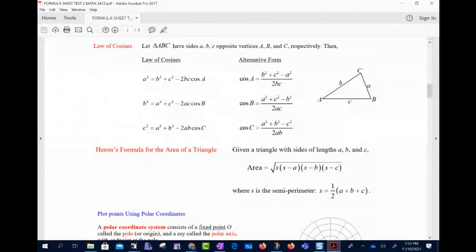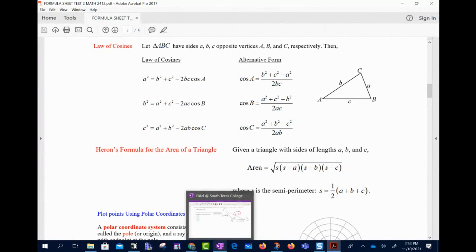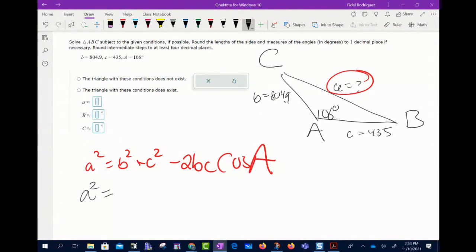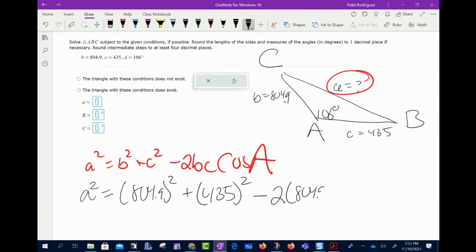Right here it says a squared equals b squared plus c squared minus 2bc cosine A. So a squared equals b squared, 804.9 squared, plus c squared, 435 squared, minus 2 times 804.9 times 435 times the cosine of 108 degrees.